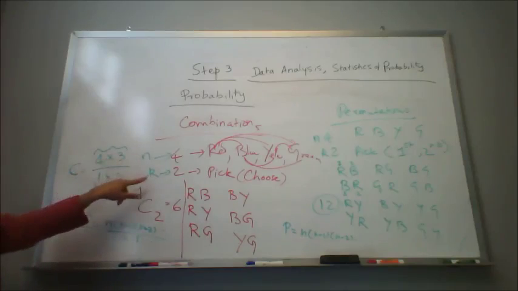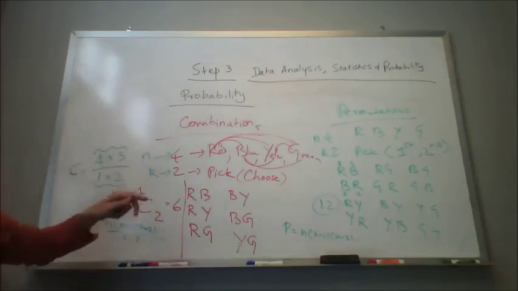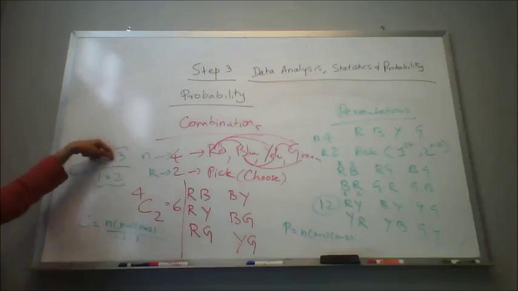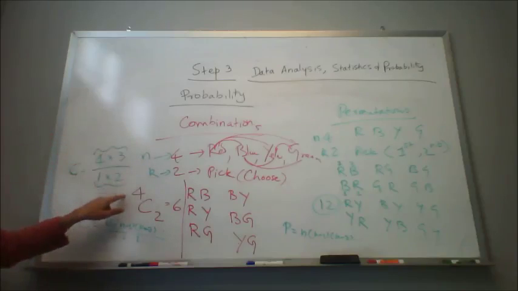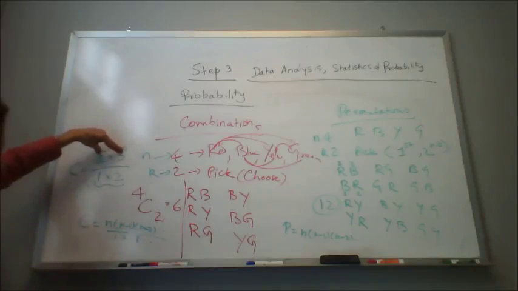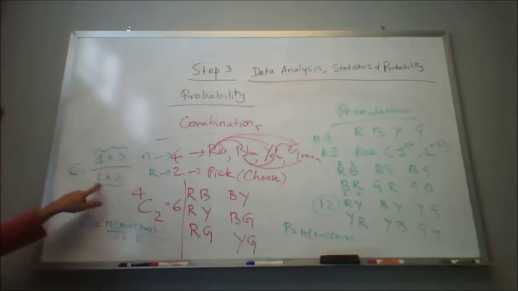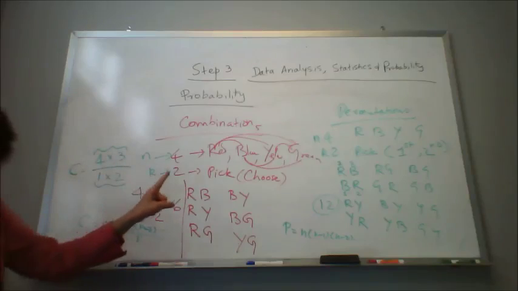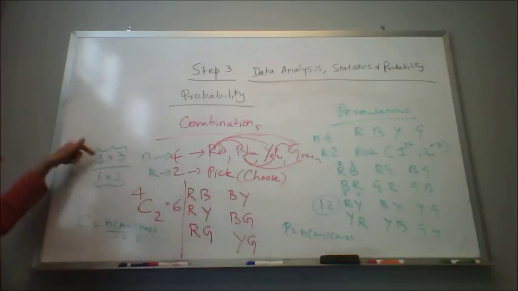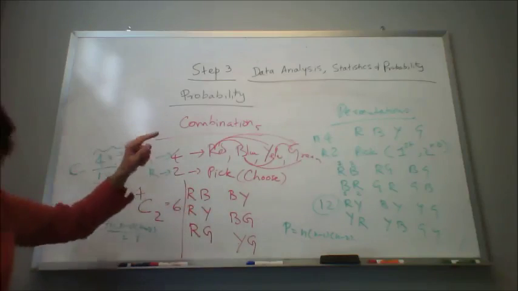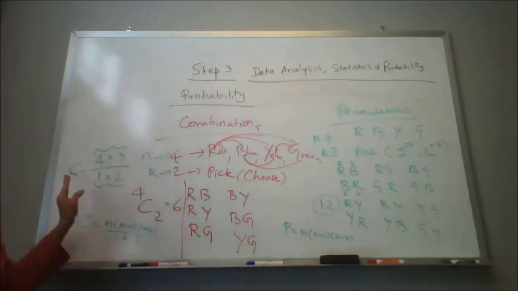If k is 3, you would go 4 times 3 times 2 on the top, and on the bottom 1 times 2 times 3. On the bottom you always start from 1 and go up by 1. On the top you start with n and go down by 1, and then you multiply all the numbers on the top and multiply all the numbers on the bottom.